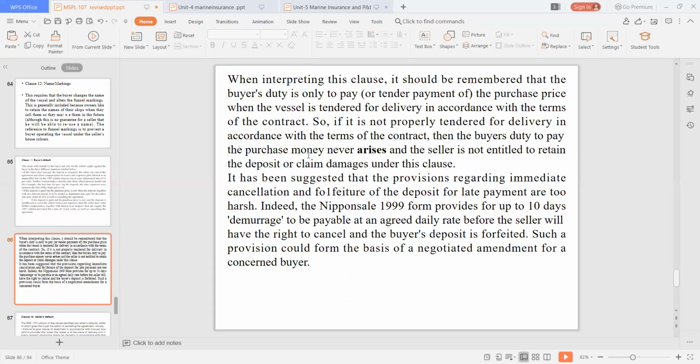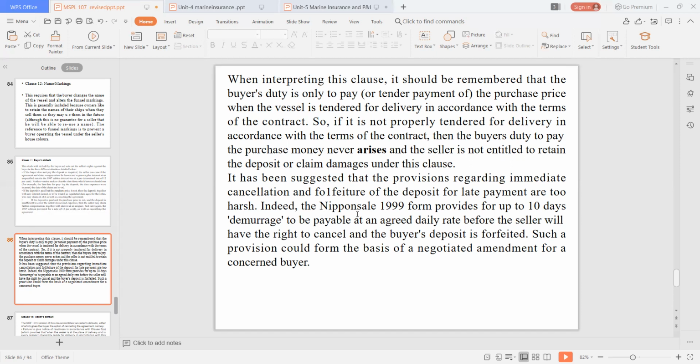When interpreting this clause, it should be remembered that the buyer's duty is only to pay the purchase price when the vessel is tendered for delivery in accordance with the terms of the contract. So if it is not properly tendered for delivery in accordance with the terms of the contract, then the buyer's duty to pay the purchase money never arises and the seller is not entitled to retain the deposit or claim damages under this clause. It has been suggested that provisions regarding immediate cancellation and forfeiture of the deposit for late payment are too harsh.